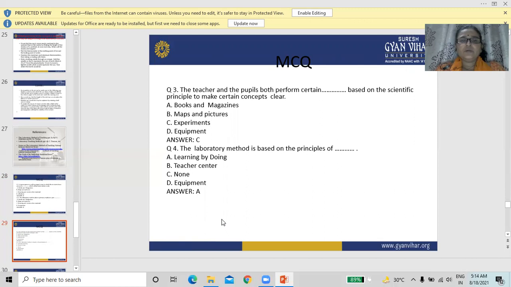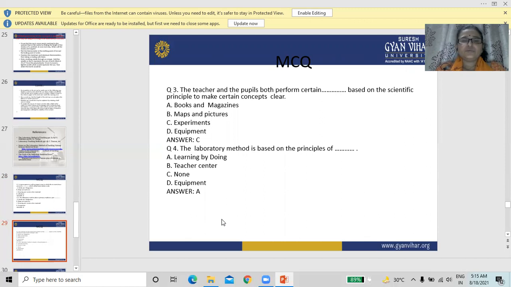Option B, maps and pictures. Option C, experiments. Option D, equipment. Correct answer is experiments. The teacher and pupils both perform certain experiments based on the scientific principle to make certain concepts clear.